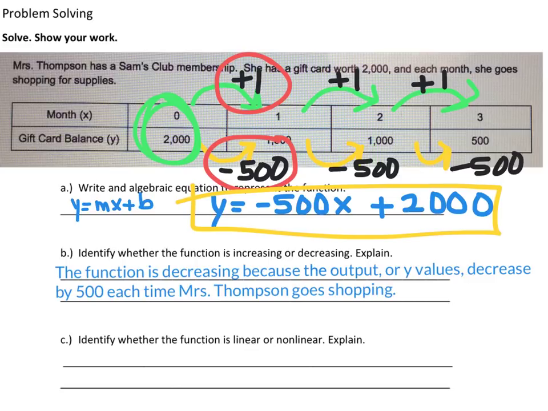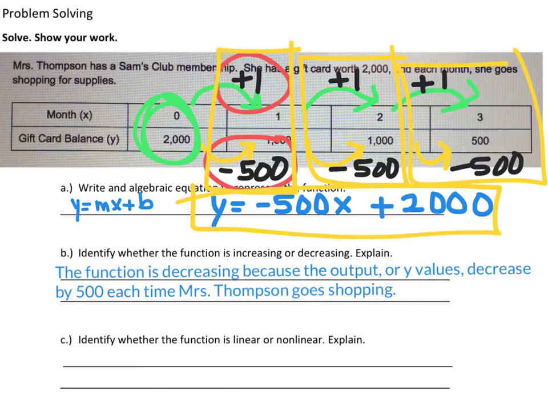And the last part, for part C, identify whether the function is linear or nonlinear. To be linear, you would have to have a constant rate of change throughout the entire table. And I think we have that. So if you look at the table, each time we notice that the x values are changing by 1 and the y values are decreasing by 500.